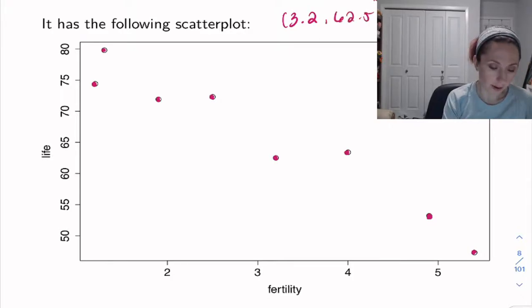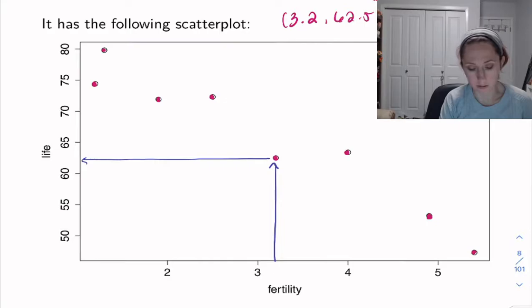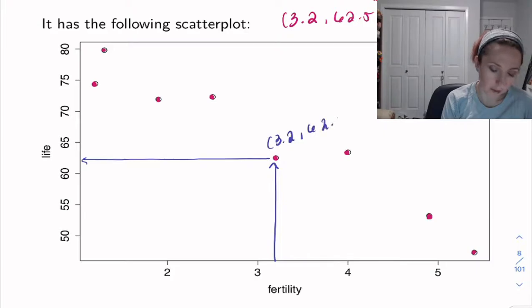Where would be the one at 3.2? So something a little bit above 3. Where is it going to fall on my axis? That's more or less halfway through that 62.5. So this will be that point, 3.2, 62.5. And we could identify 1 point for every single one of the countries that we are interested in.